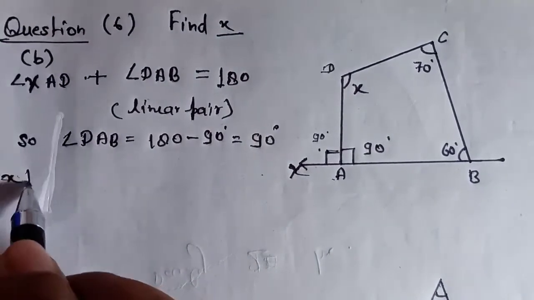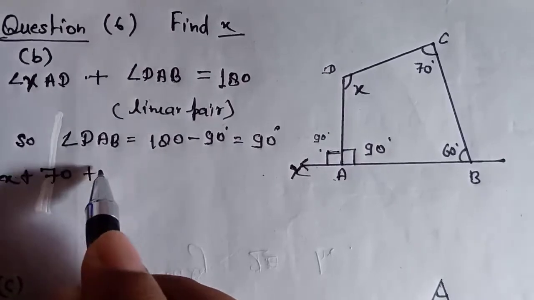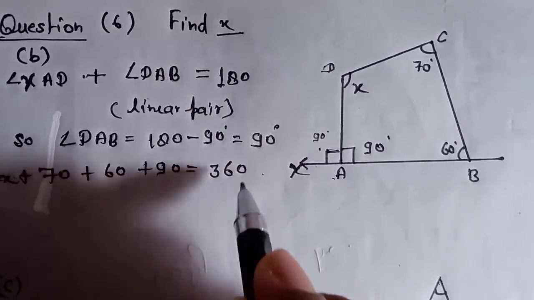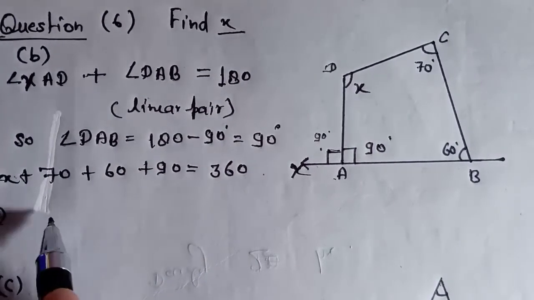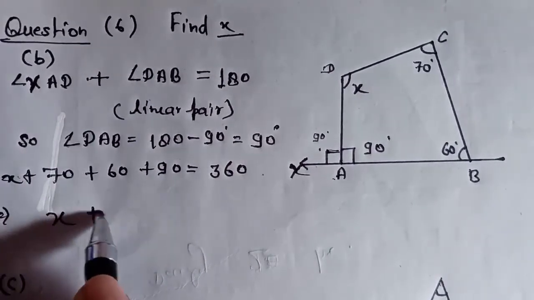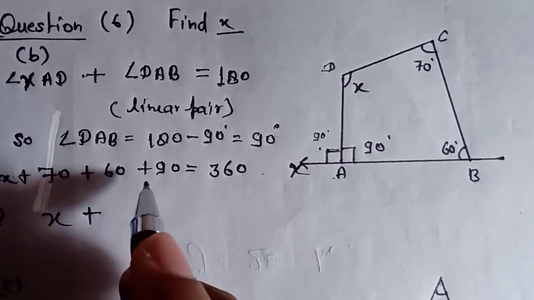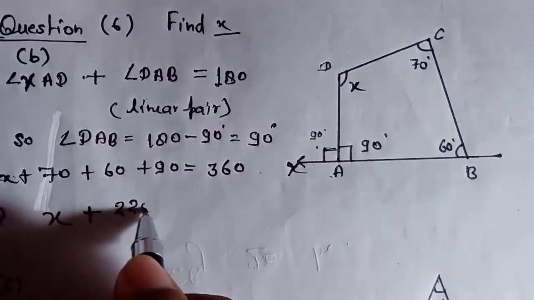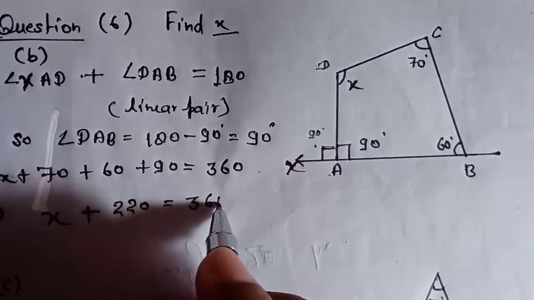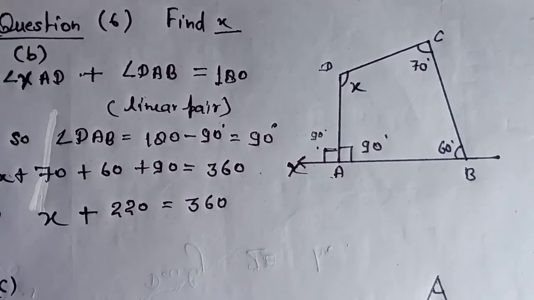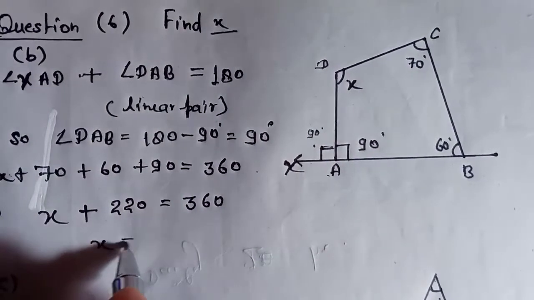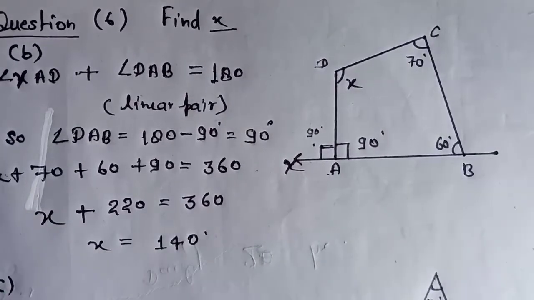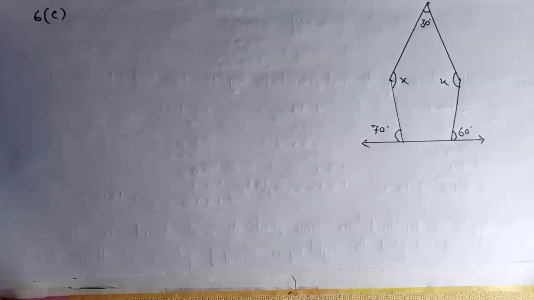So x plus 70 plus 60 plus 90 is equal to 360. This gives you x plus, 60 and 90 becomes 150, and 150 plus 70 becomes 220, is equal to 360. And now when you transpose this 220, we get our answer, that is 140 degrees.